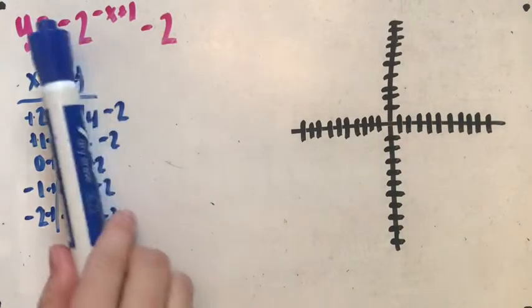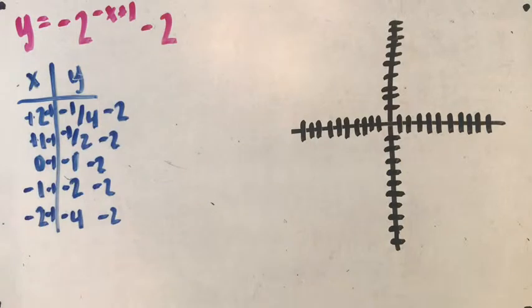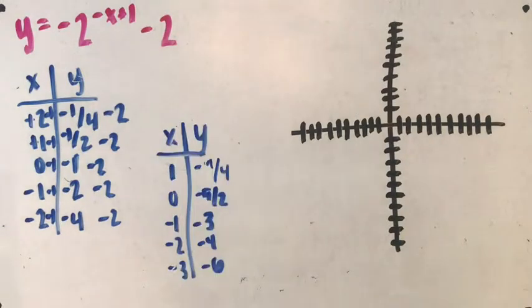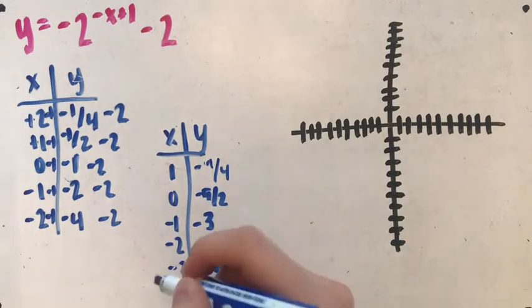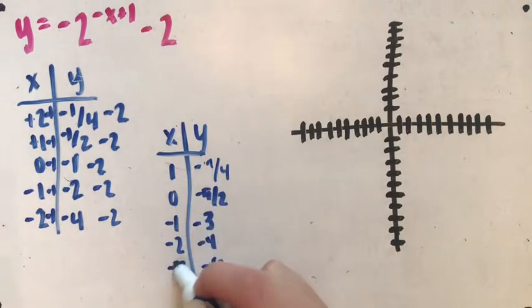So you can just go through and add all of your transformations. And when it's really complicated like this, you can rewrite the table like that, where I just rewrote everything from that graph to make it easier to look at. So now we just plot our points like normal.